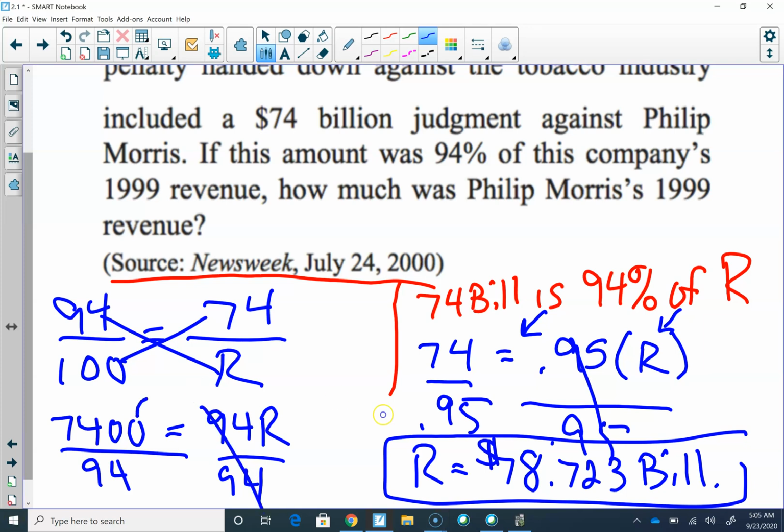And I will get the same thing here. Notice that this is 74 over 0.94 versus 7,400 over 94. Oops, this should have been 94 too. I bet you already found my mistake there. Same answer.